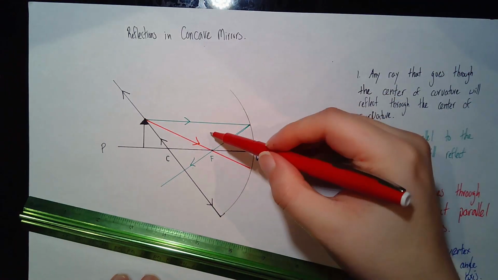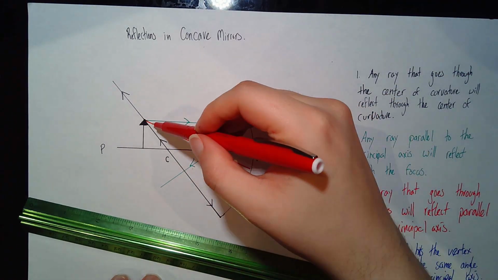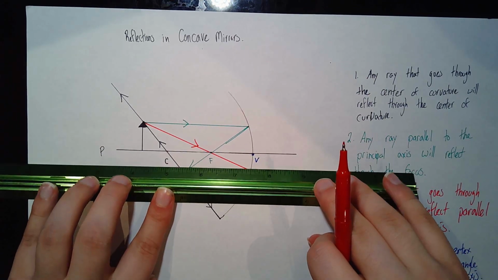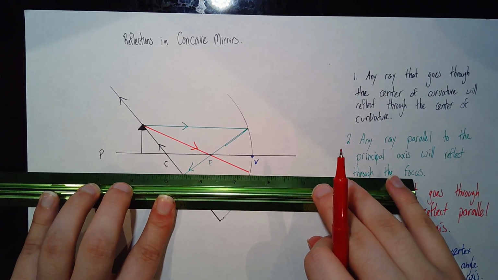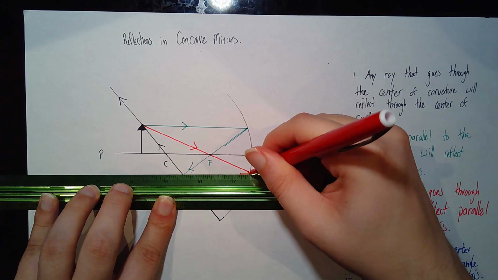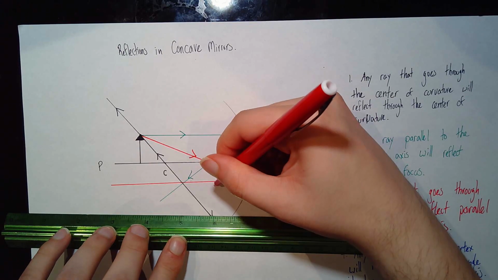So it's kind of opposite of the second rule. We have a ray coming through the focus, and then that ray, once it reflects, will be completely parallel to the principal axis, right?